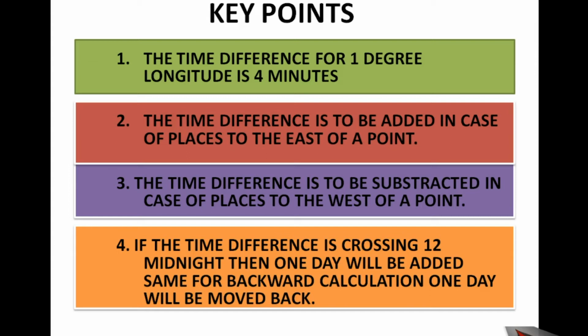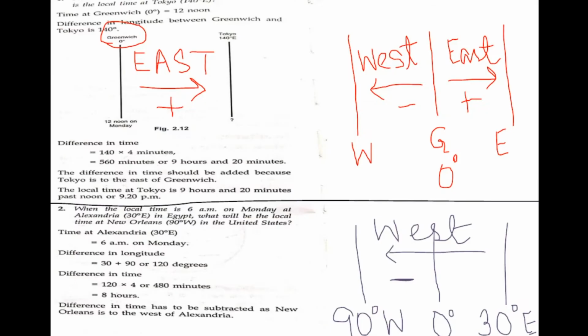In the same way, if we are going in the backward direction, then the weekday has to be subtracted. Suppose from Tuesday we go back to Monday. These are the 4 main key points that we need to keep in mind while doing this kind of problem.